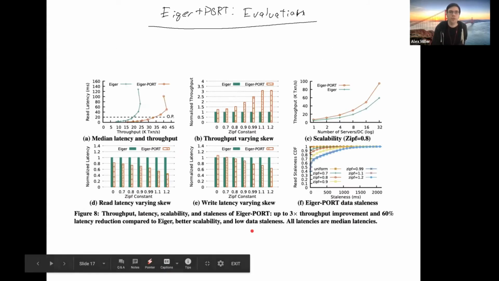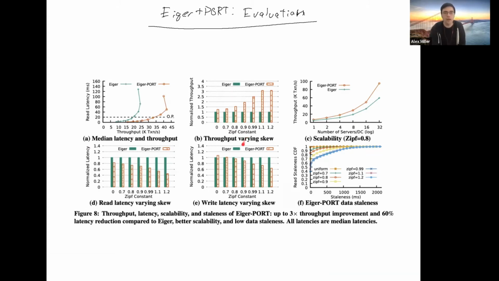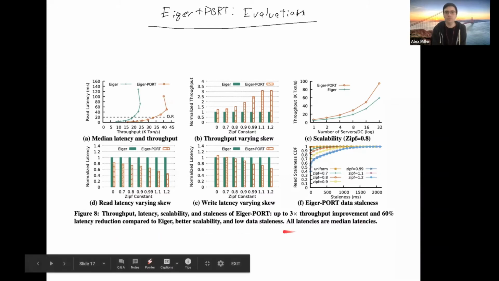And then evaluation, which again looks pretty nice. They show a very nice reduction in overhead. They can get more performance because they're doing fewer round trips, and so this seems nice.